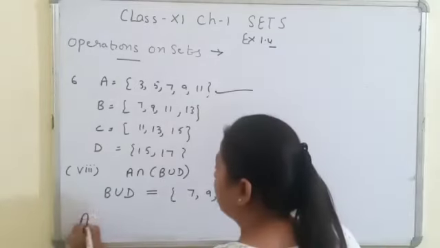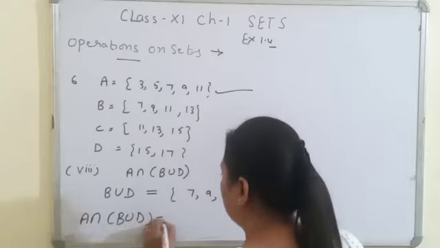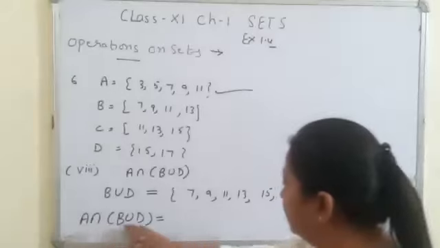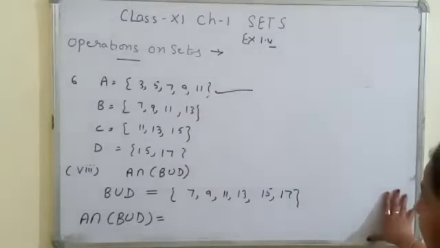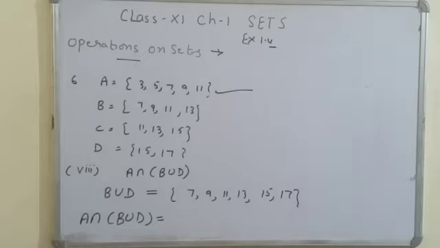Now A intersection (B union D). Now write down the common elements of set A and B union D. Set A has the elements 3, 5, 7, 9, 11 and B union D is 7, 9, 11, 13, 15 and 17. So the common elements are 7, 9 and 11.